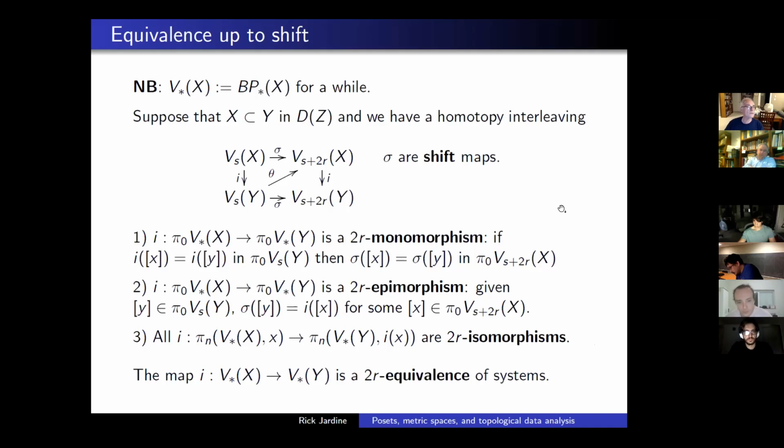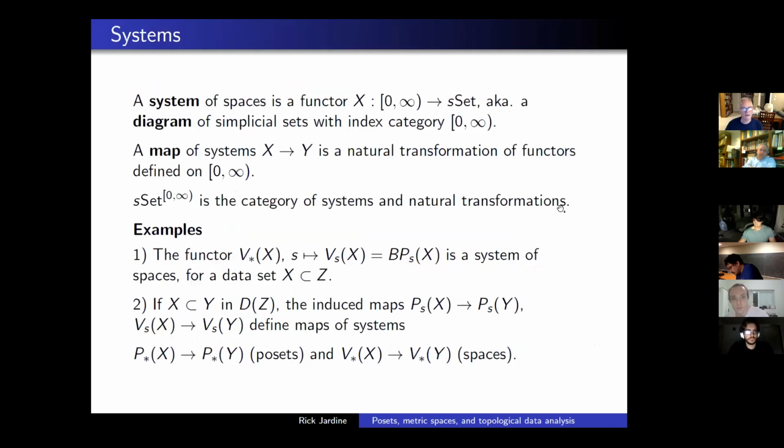All right, so we'll generalize that. Now I've been saying system of spaces. By that I just mean a functor. A system of spaces is a functor on this poset taking values in simplicial sets, okay? The Vietoris-Rips complex construction is exactly one of those. I say system of spaces to be friendly. Normally I say diagram of spaces, and somebody might say pre-sheaf of simplicial sets, but that would be bad behavior because there's no topology around that works here.